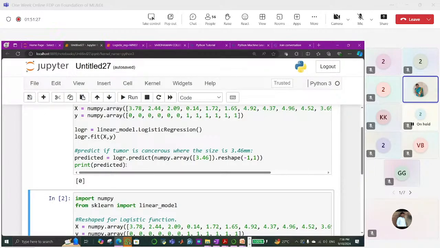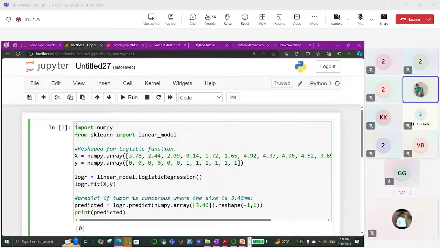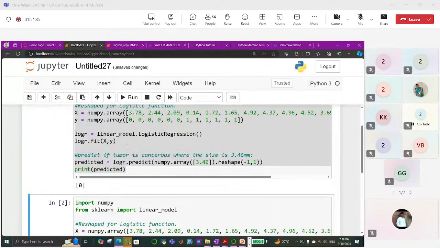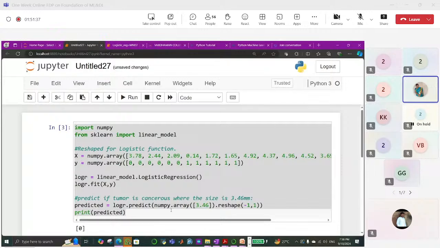So the predicted value, suppose if you run this program, is 0. Why? Because here predicted equals log.predict of numpy.array of 3.46.